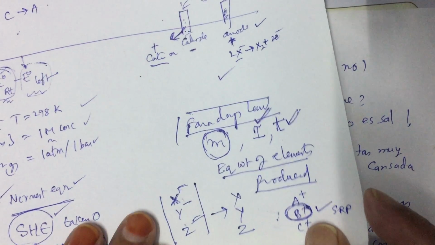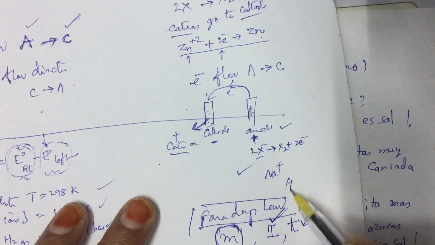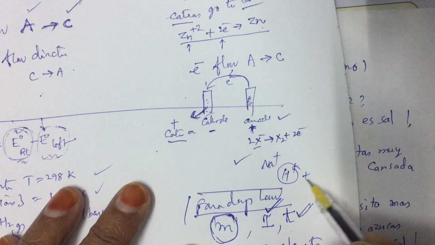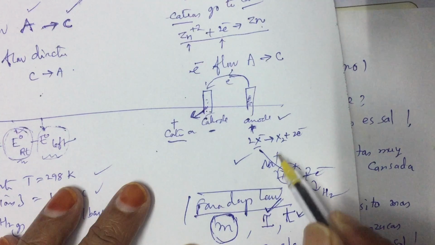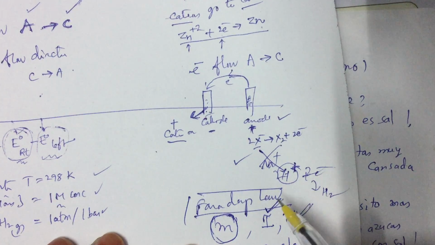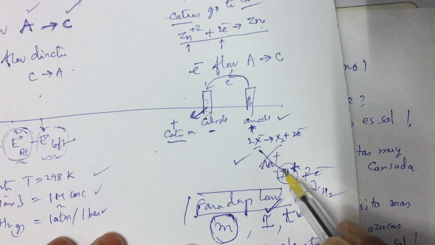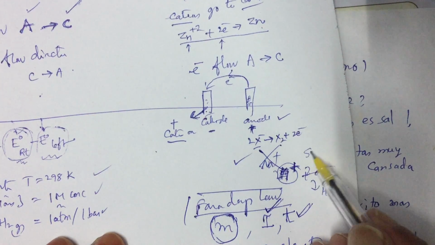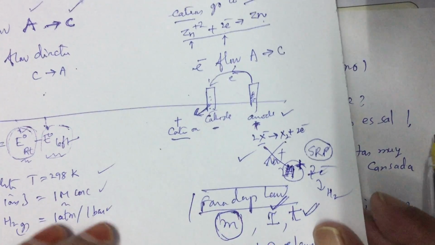For example, if you have sodium ions and H plus ions in water, when you are passing current, the H plus will take electrons first to give you hydrogen gas, but not sodium, because the discharge potential of H plus is less. In other words, the standard reduction potential of H plus is more. Whatever has high standard reduction potential is reduced first.